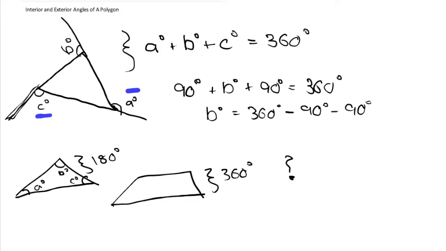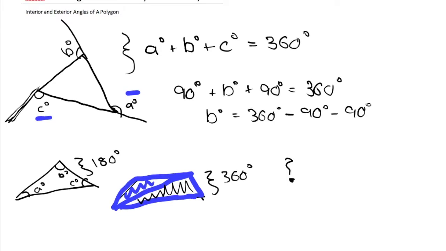We know that because of how many triangles are formed within the polygon itself. In this trapezoid, you can form two different triangles. You can form triangle 1 over here, and you can form triangle 2 over here. I'll outline the first one in blue, which is triangle 1, and you can form triangle 2 in this one.